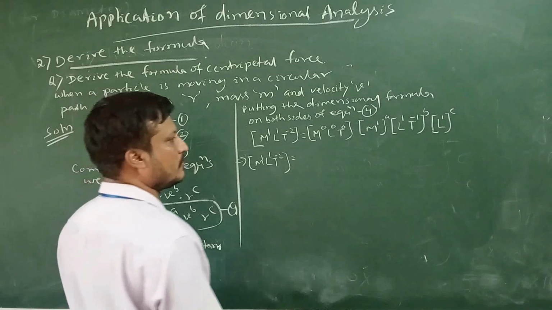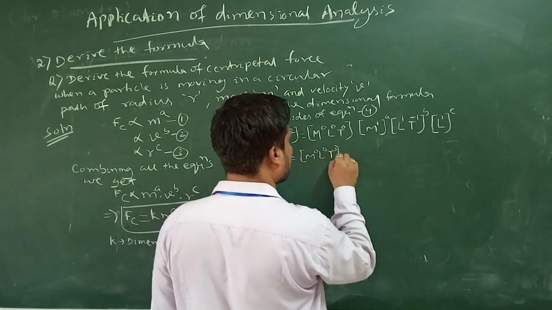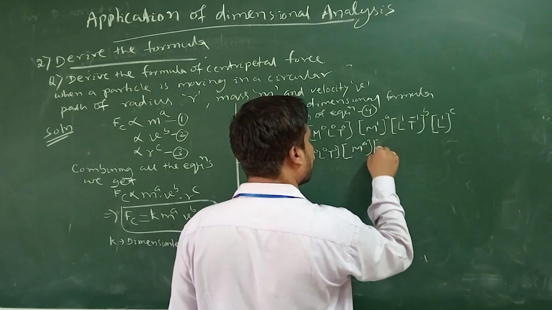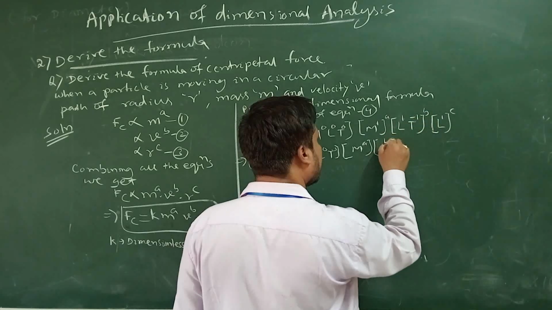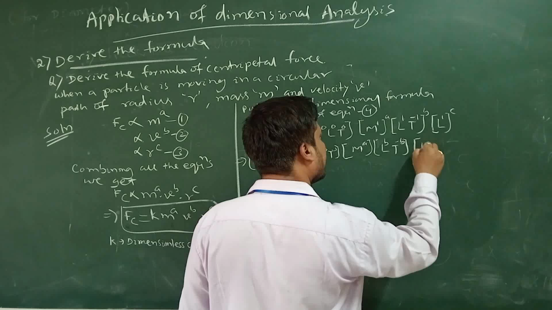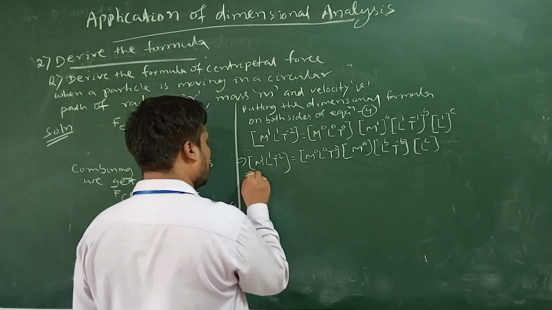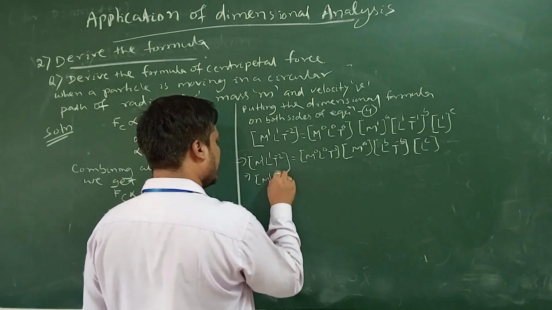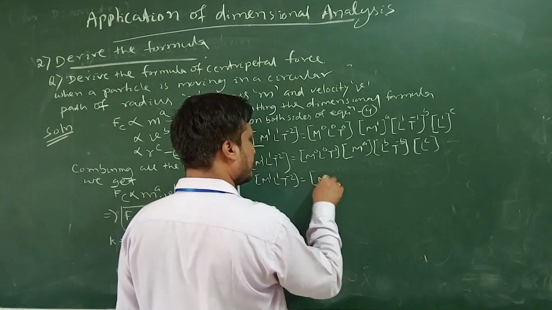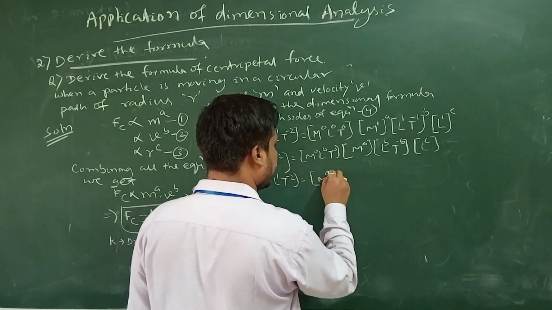So solve the equation: M to the power 1 into a, L to the power 1 into b, T to the power minus 1 into b, and here L to the power c. So again we write M to the power 1, L to the power 1, T to the power minus 2. Total M in the RHS, 0 plus a.